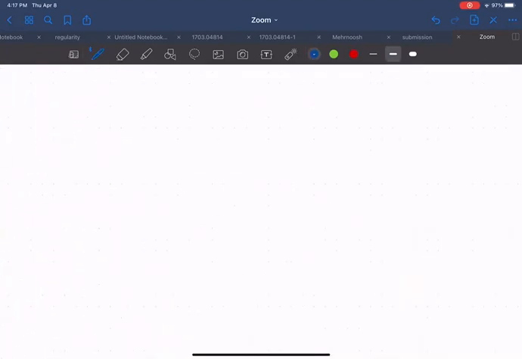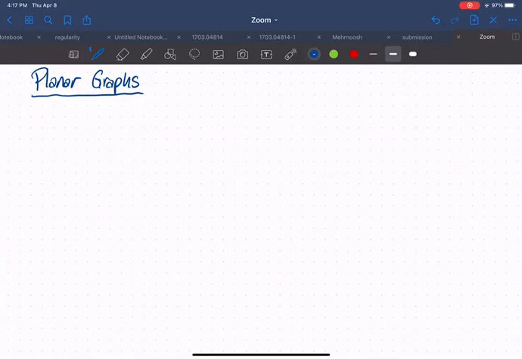So let's take a look at the main topic for today, which is planar graphs. And oddly enough, even though it's sort of simple for us to understand what they are, actually getting really formal with the definitions is a bit tricky.